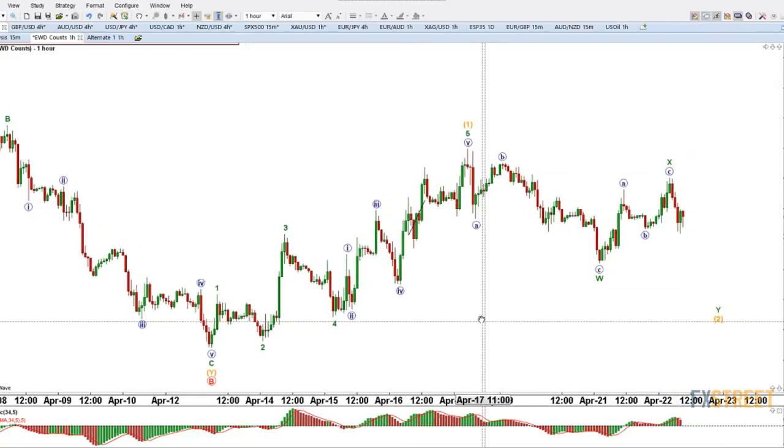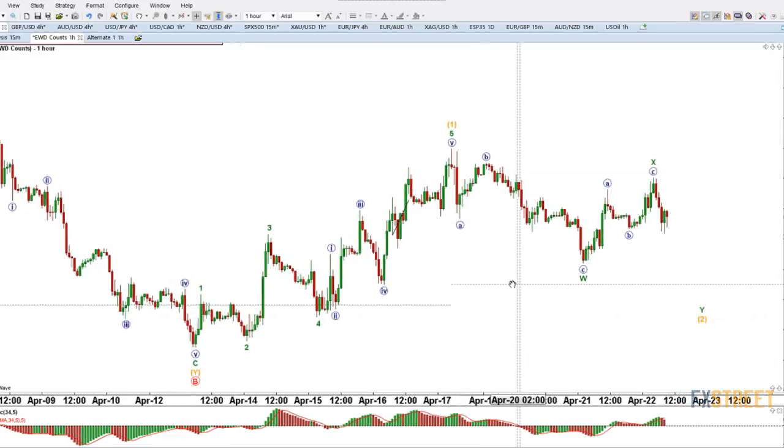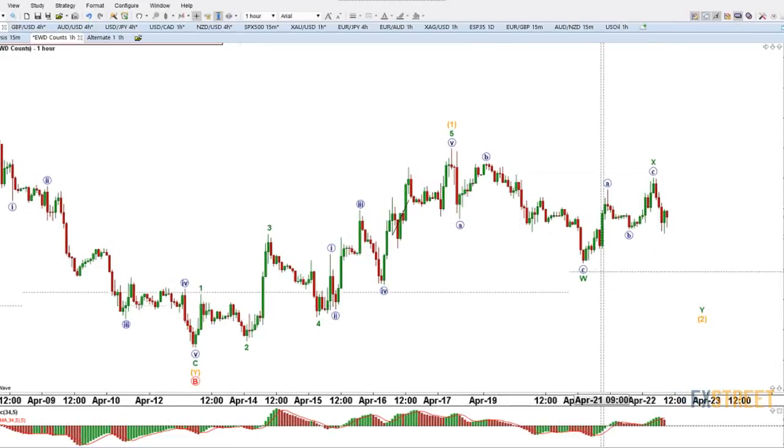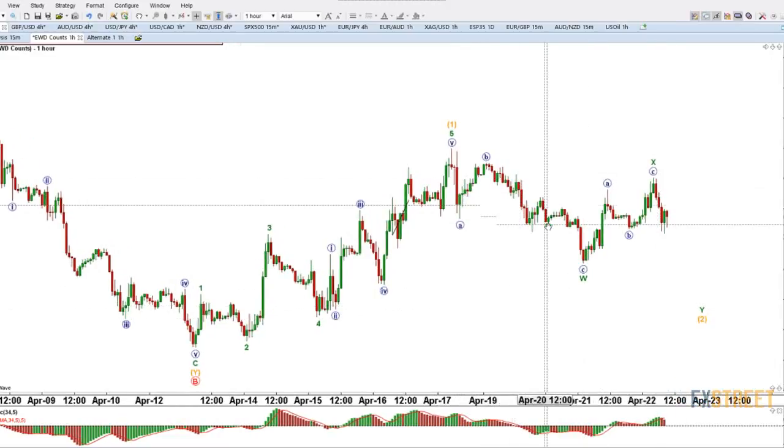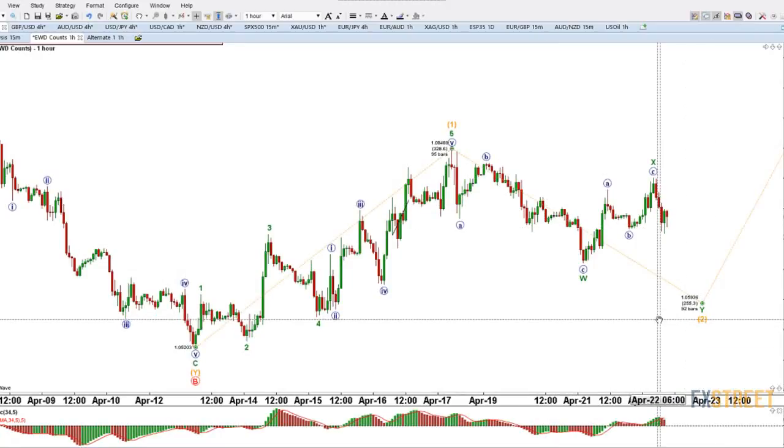So in order to find the high probability trade, it's important to analyze this wave 2, the orange wave 2. From the higher time frames perspective, we are looking to buy. Once we go to lower time frames, what we are doing is finding the best place to trigger the trade, because we want a small stop loss and a big profit.